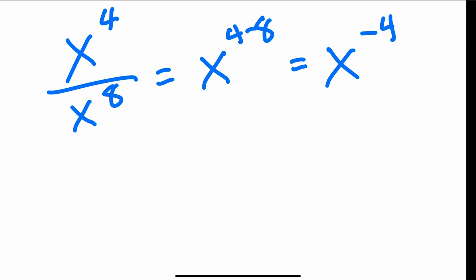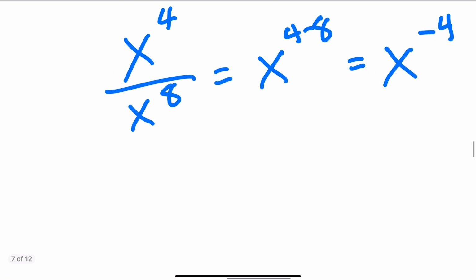Now, when we separate this out, when we expand it, we could see what's going on here. So we have a negative exponent because we have a bigger number on the bottom of our equation than we do on the top.